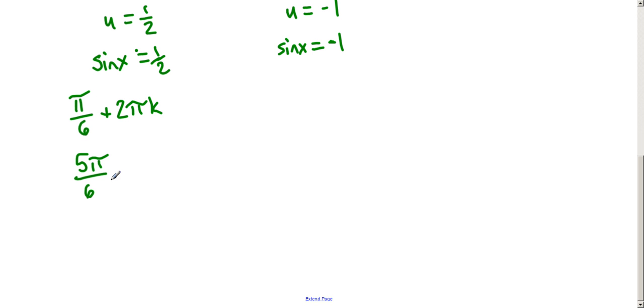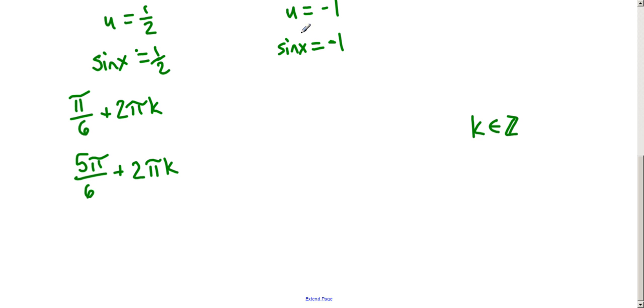Same thing with 5 pi over 6. If we add or subtract any whole revolution, we're going to get a coterminal angle. Just like we've done with our graphing, anytime we use k, we want to restrict it to being an integer.